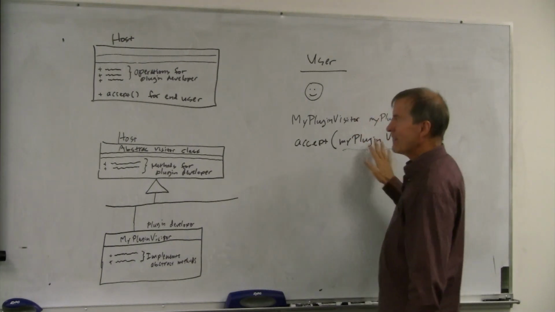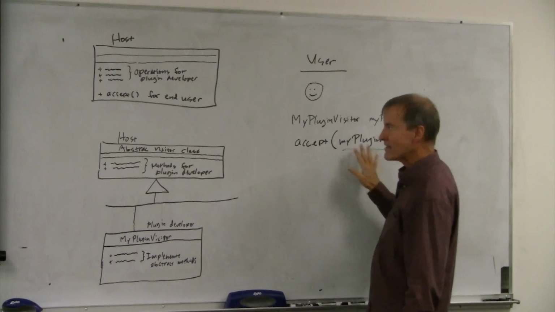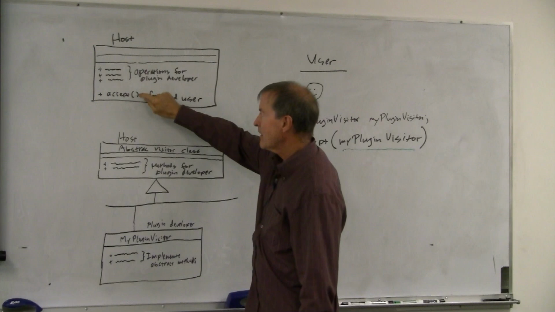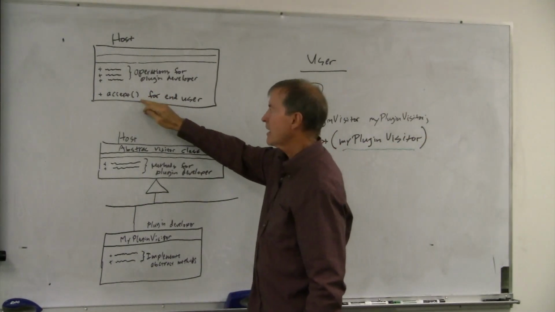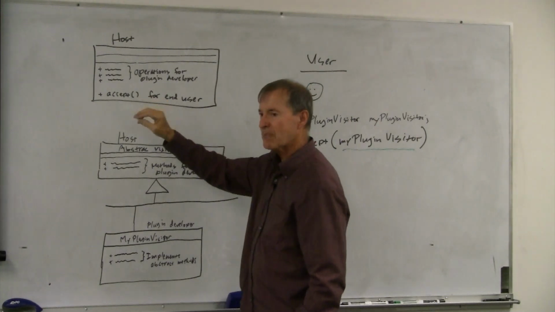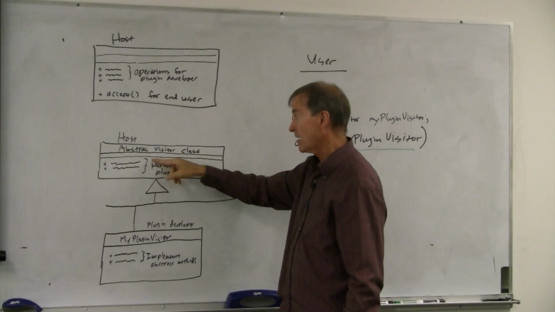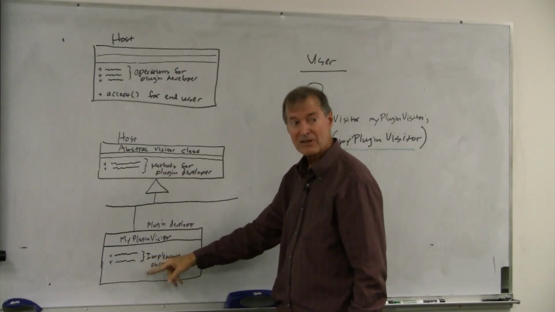So the visitor gets passed, accepts the visitor. But now you see, we are passing an object, a visitor, to accept, and accept is going to execute, and accept knows what to execute because accept is saying, I'm going to execute these. But this guy implemented those.